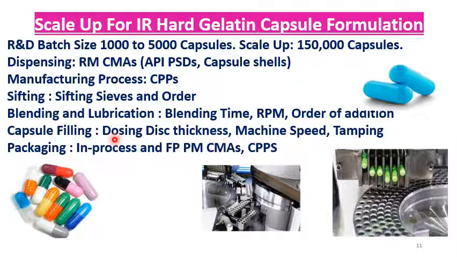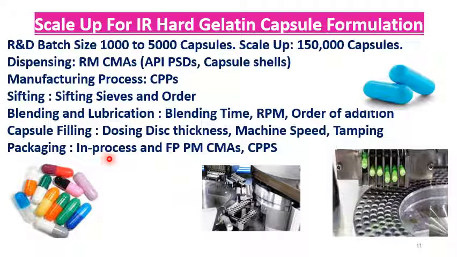Many of the people get confused between the CPP and the machine change part. So always remember that dosing disc thickness is not a CPP. It is a machine change part, like punch tooling is the change part for tablet compression. Then in capsule filling, machine speed and tamping will be there as critical process parameters.